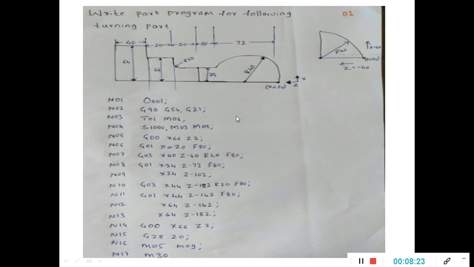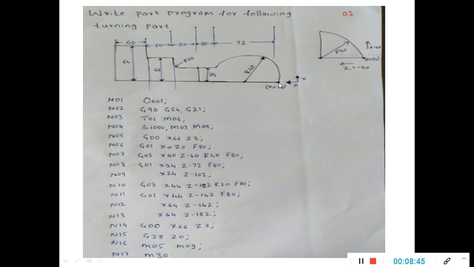Now actual cutting starts. Initially the profile is a circular one. So if you move like this, it is counterclockwise. Counterclockwise means G03. Okay. G03 X40 Z minus 40 R40 F80.